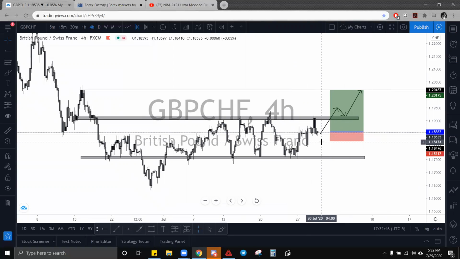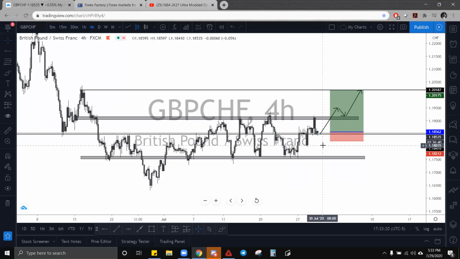So when you look at this, you see how the market's in a range. This area used to be resistance, support, resistance, and support. The market came to the top of the range on the fourth touch and dropped. So the market now created a higher low.